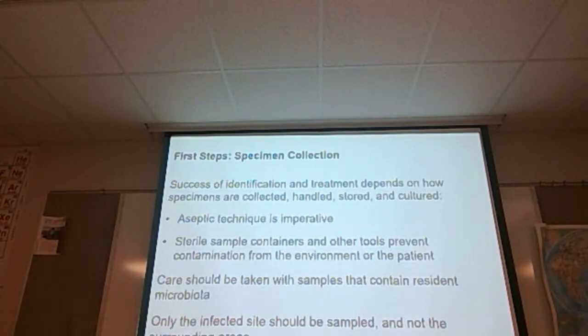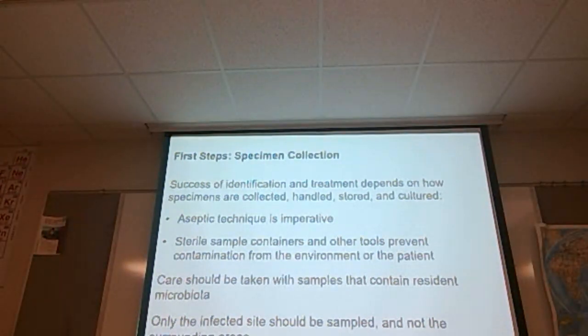Care should always be taken when samples are collected that may contain resident microbiota. If you're taking a sample from a patient and you're taking, say, a skin scraping or a fecal sample, all of those things are going to have resident microbiota associated with them.